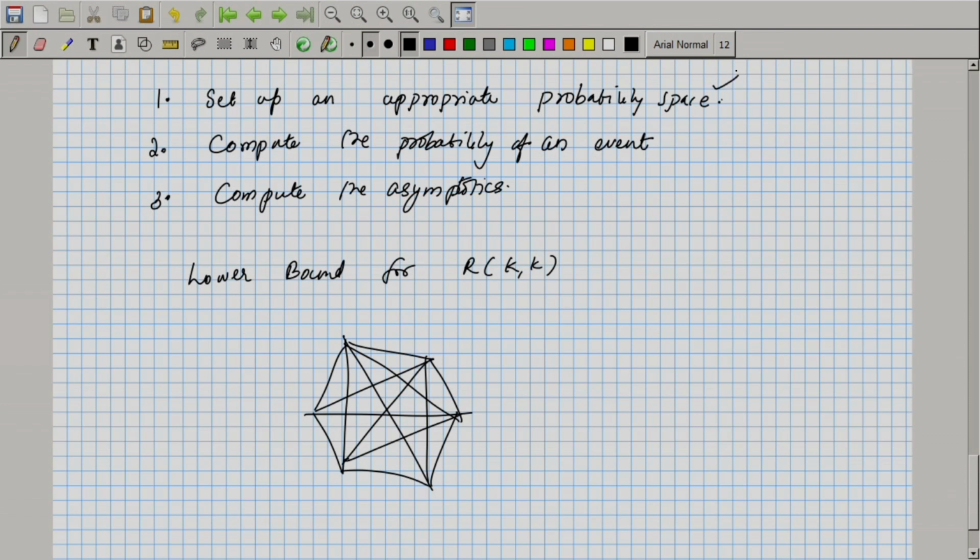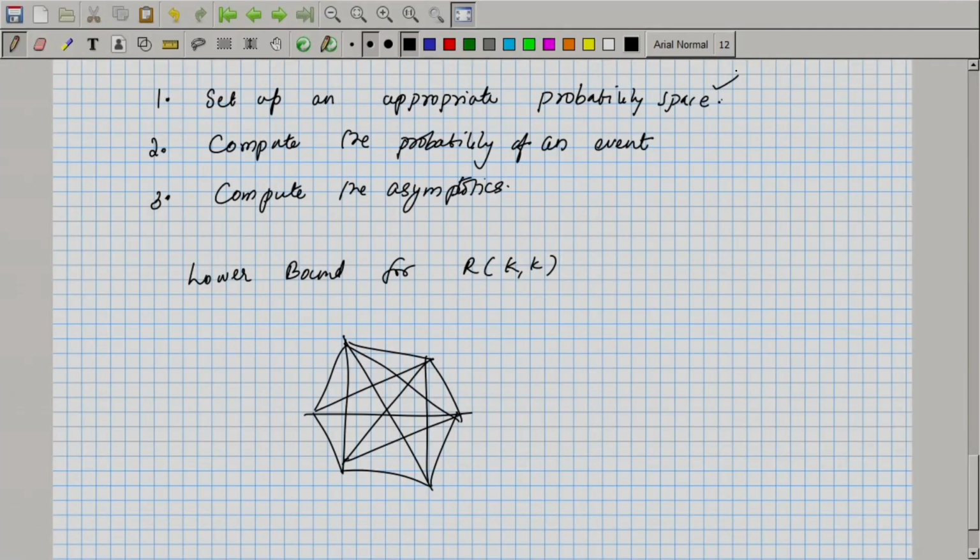In other words, we want to analyze whether n, for some value, can be a lower bound for R(k,k). For this we will color the edges of Kn by tossing a coin. If the toss results in a head, that edge is colored red.